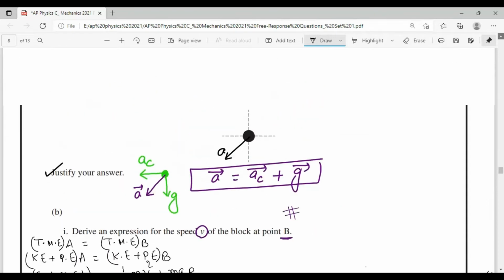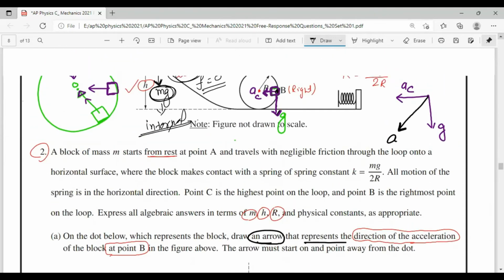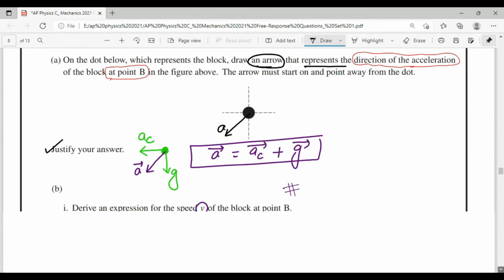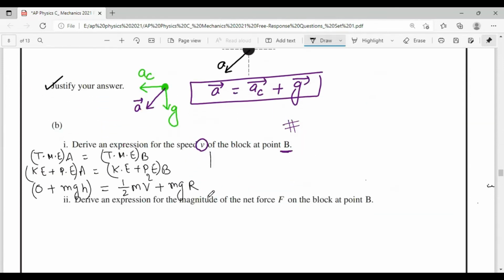As you can see, the vertical height will be your r. If the block is at point B, its vertical height will be equal to r, that is the radius. So from here we can see this m will get cancelled out.